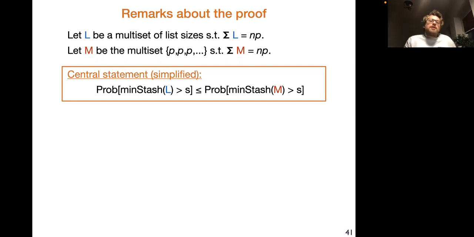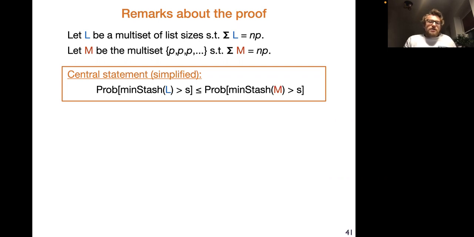identifiers. And M is a multiset with only full pages, so each list has p identifiers. We also want the sum to be the same, so that the setup leakage, or the database size, is the same for both list distributions.